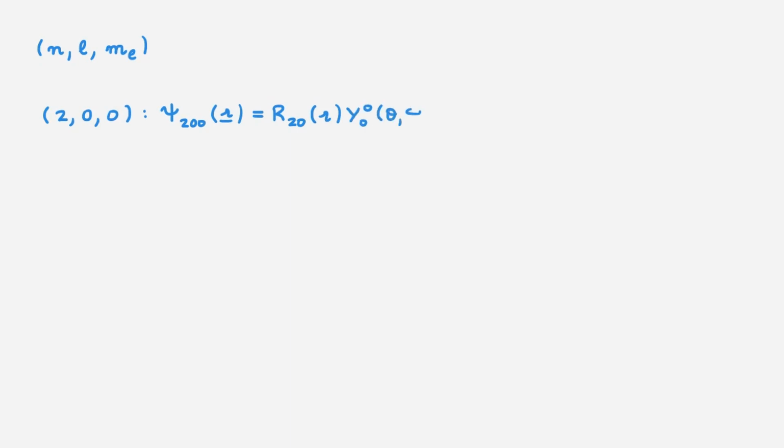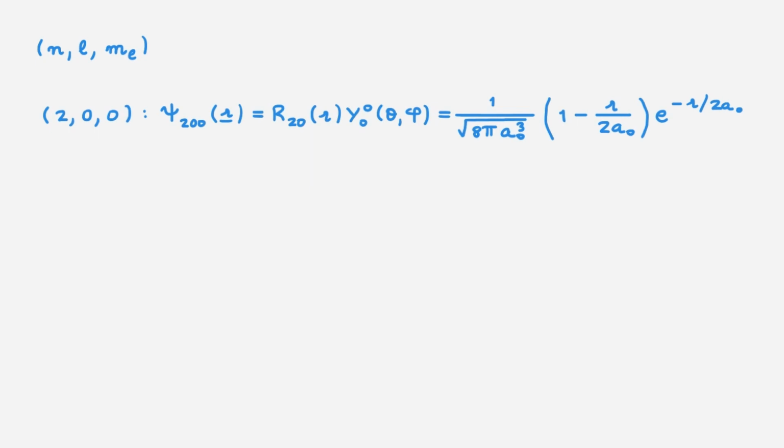Right, so we can now bring together all the results for the first excited state, and we end up with 4 distinct eigenfunctions. Using the NLM notation, the first eigenfunction corresponds to 2, 0, 0, and is psi200. It is equal to this radial function and this angular function, and explicitly written like this.